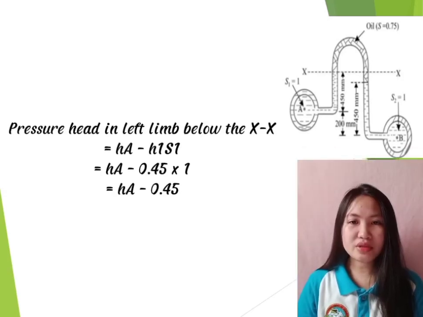Let's compute the pressure head in the left limb below the datum line. The formula is HA minus H1 times S1. HA minus 0.45 times 1 equals HA minus 0.45.